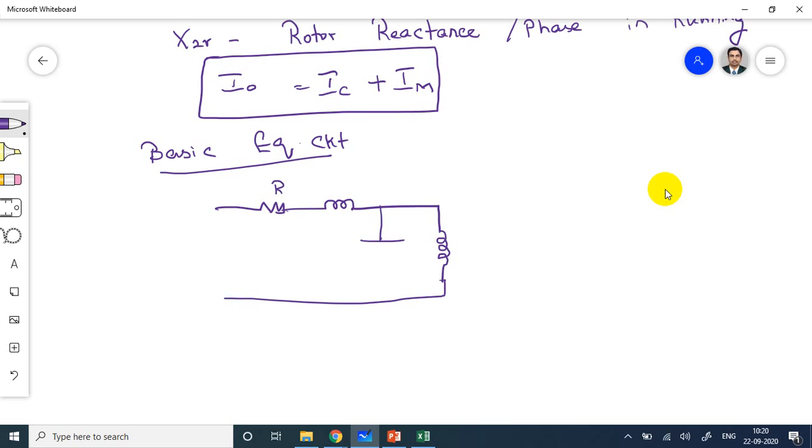This is R1, X1, V1 you are applying, I1 is flowing, and here R0, X0. So here it is I0. This is my junction point. So this is IC. This point is IM.